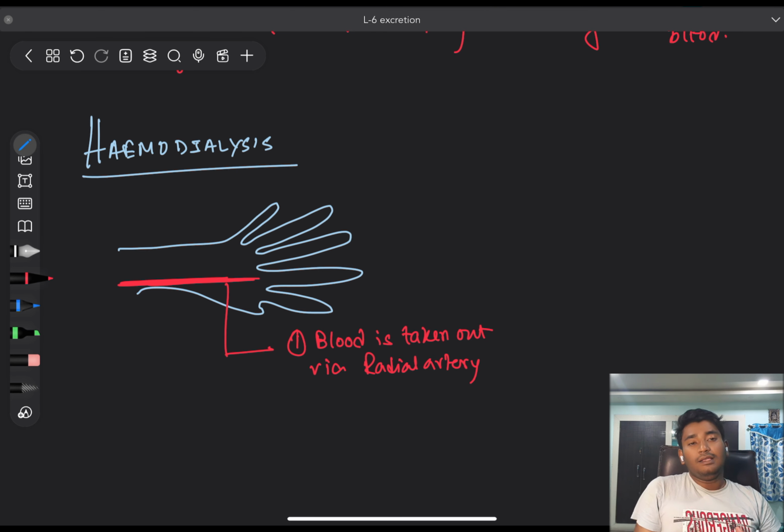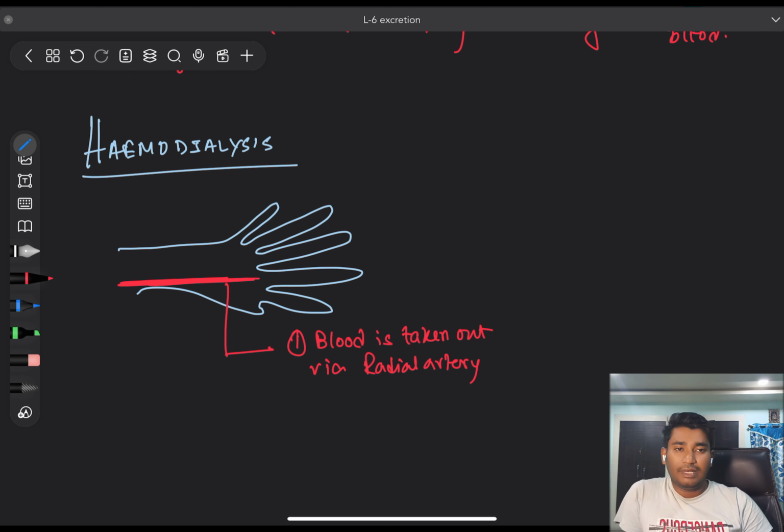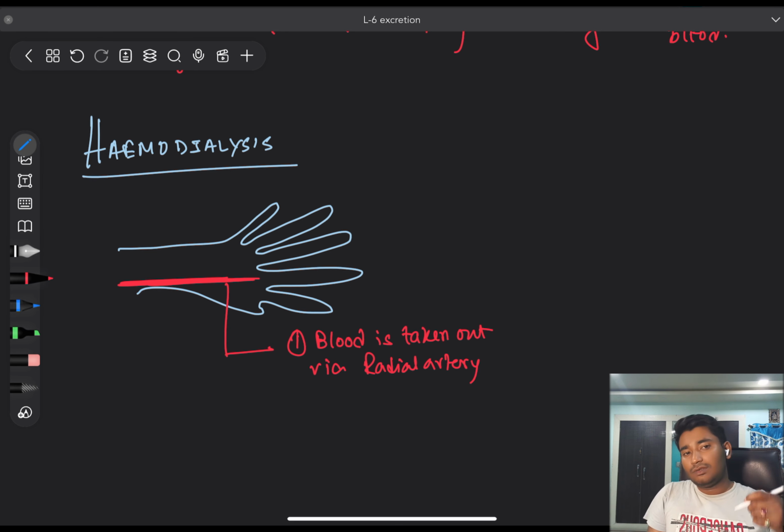In emergency cases, if no AV grafting has been done on the patient and we require emergency dialysis, we need to make a central line.